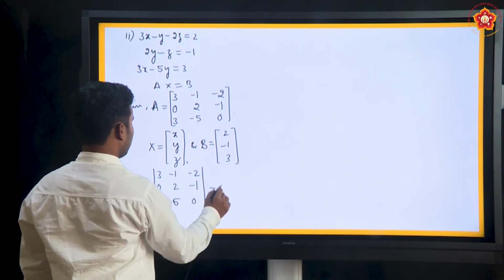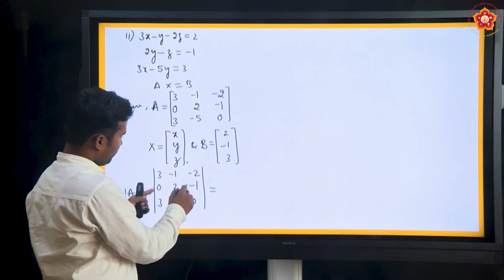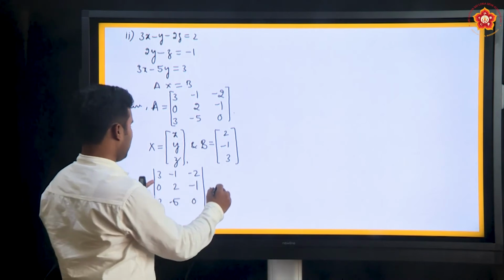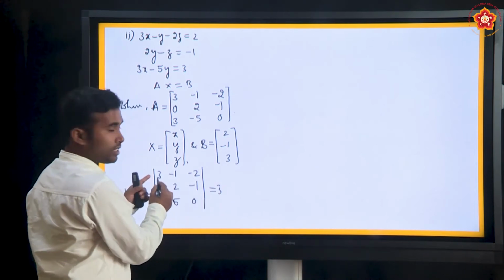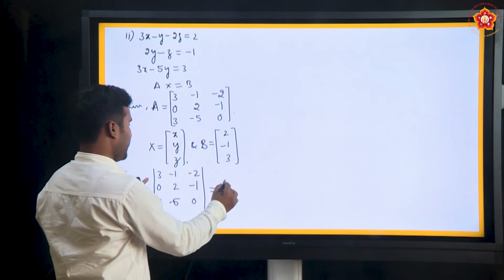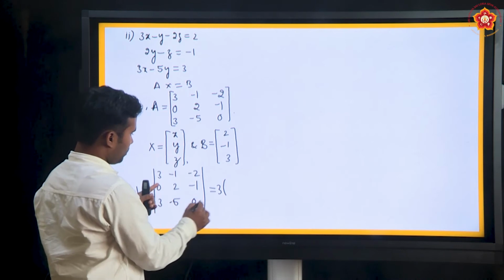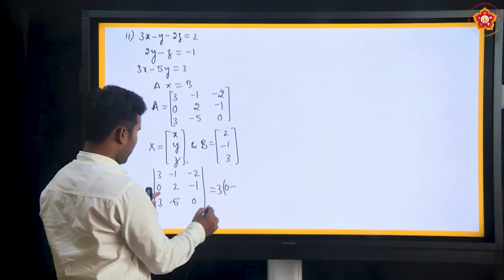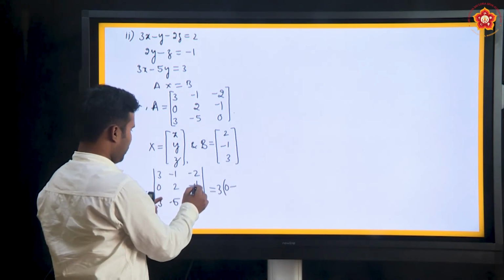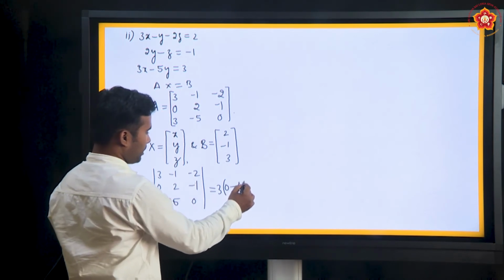So, expand this. I can expand through R1, that is 3 into, the signs associated are plus, minus, plus. So delete the first row, first column: 2 into 0, 0, minus, minus 1 into minus 5 is 5, plus 5, right, minus of 5.